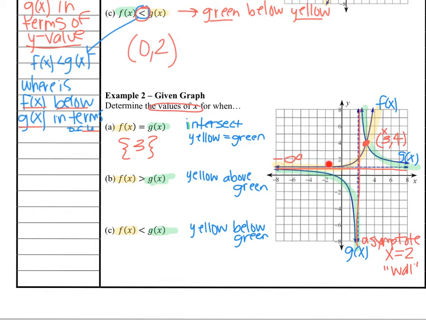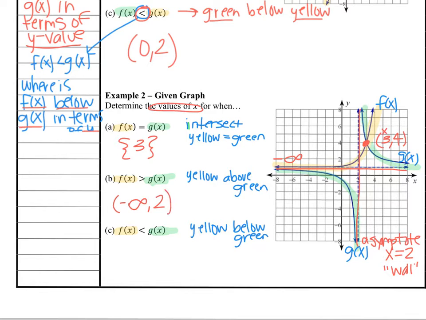Actually, it's only above it until it hits this asymptote at x equals 2 right here. Because as soon as it hits the asymptote, can you see how the green is coming in from this direction and is above the yellow as soon as it hits that asymptote of 2. So it's actually only above, f of x above g of x, from negative infinity up into 2.